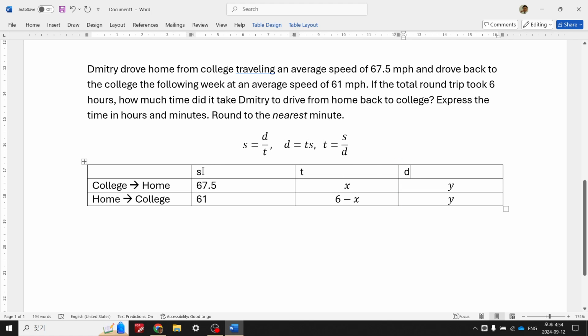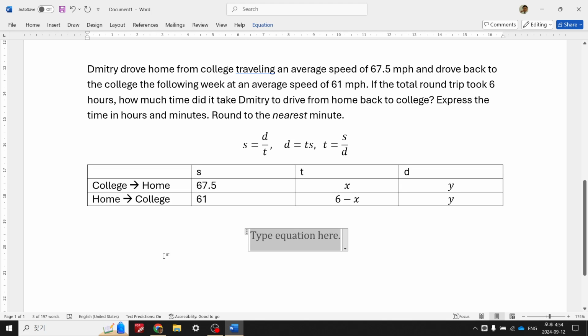So over here in the first scene, what does that equation mean? Distance is what in the first scene? Distance is y equals time is x and speed is 67.5. So it's 67.5 times x, right? So that's what you get from the first line, this one.